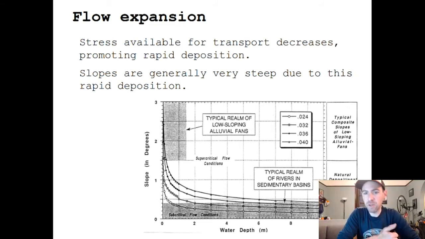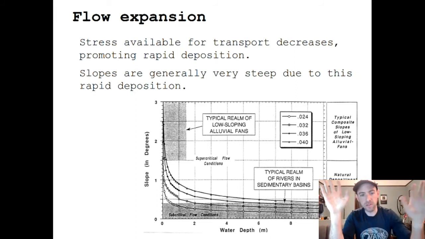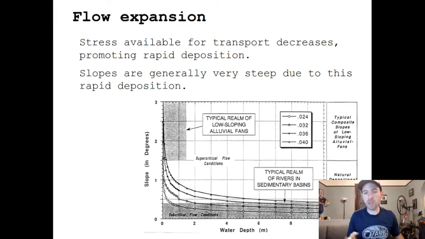So you have steep situations where a lot of sediment is coming out very quickly, and is no longer able to be transported as the flow expands and the depth decreases. It steepens, but then the slope can quickly lower as well, from 3 degrees down to 1 degree as you get towards the basin, right?